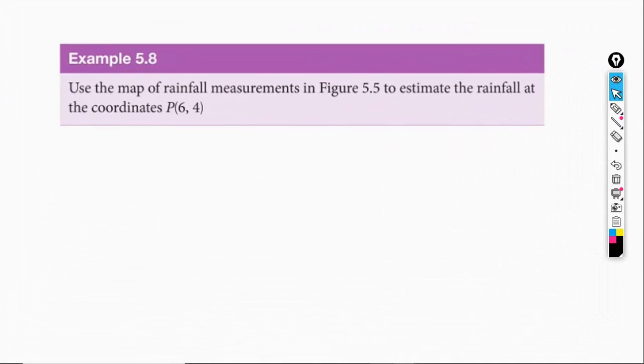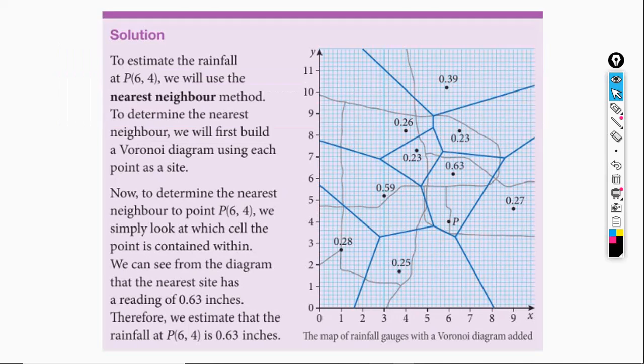And that is precisely what they ask us to do in example 5.8, where they say use the map of rainfall measurements in figure 5.5 to estimate the rainfall at the coordinates P(6, 4). So let's suppose we did it all. Let's just go to the solution. And you can see that here they have the actual cells and edges around the sites of the Voronoi diagram.